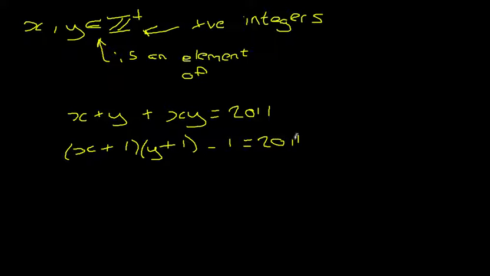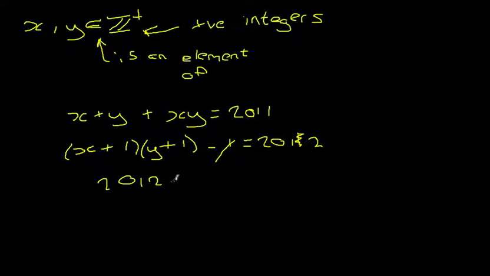Then we add the 1 to this, and this becomes 2012. So we have (x plus 1)(y plus 1) is 2012, where x and y are both positive integers, and so they must both each be factors. Now we want to consider the factorization of 2012.